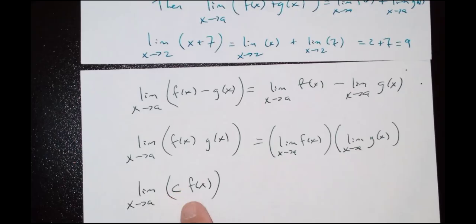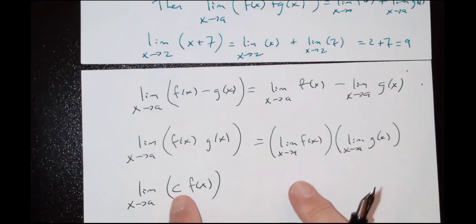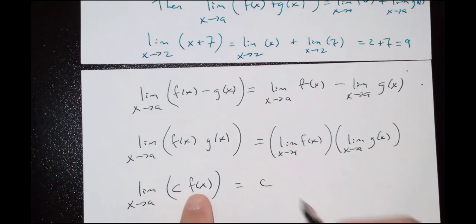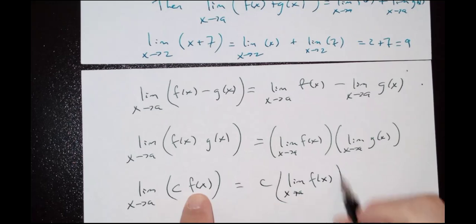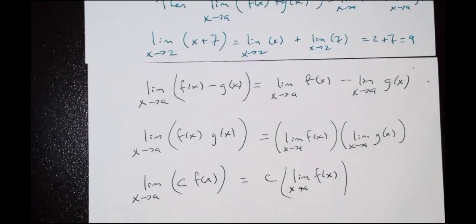If it's x, it becomes the a. So if I take the limit of the first part, well, that's just the constant itself. And then I still have the limit of the other part. So when I think of multiplying, if I'm just multiplying by a number, I don't need to put the limit on the number. I can just pull it out.